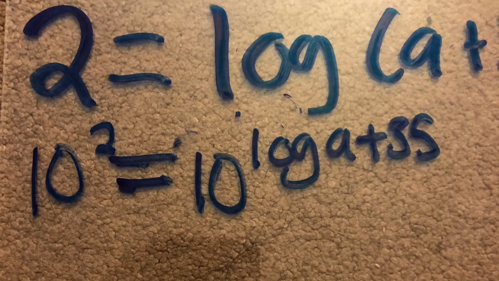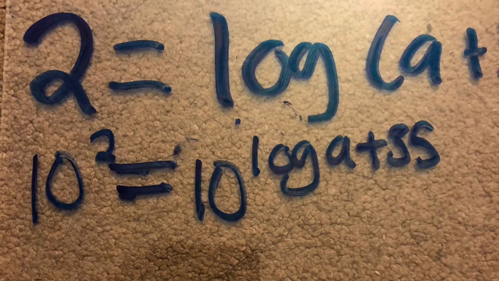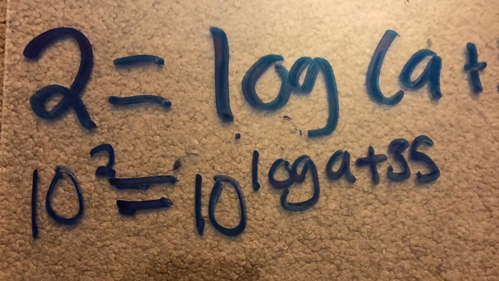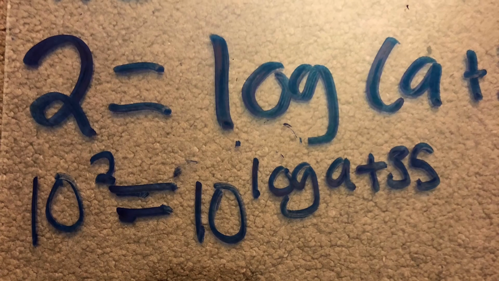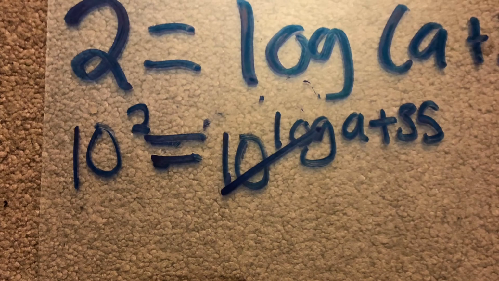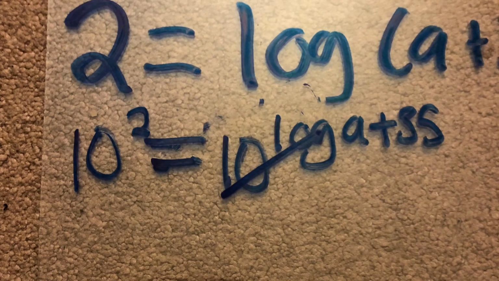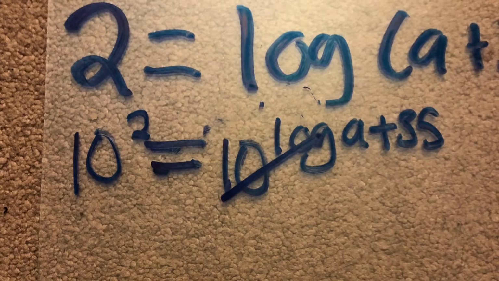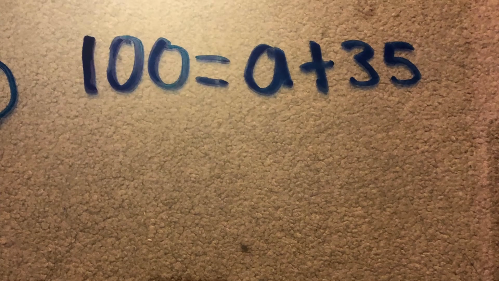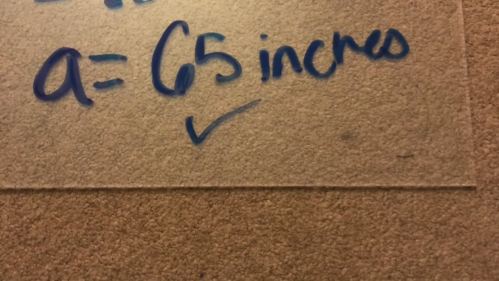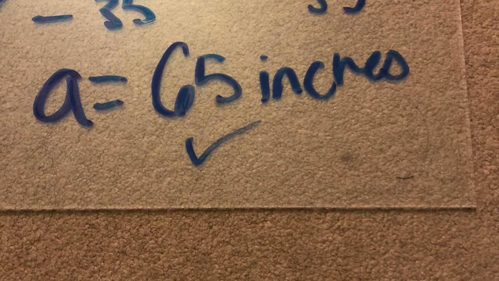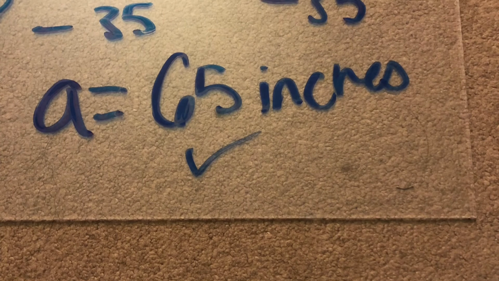To get rid of a log, you must use its base, which is 10, so you would put 10 to the second equals 10 to the log A plus 35. The 10 and the log would cancel out, leaving you 10 squared equals A plus 35. Then you're left with 100 equals A plus 35. Then you would subtract 35 from each side, and A would just equal 65 inches, and you're done with the problem.